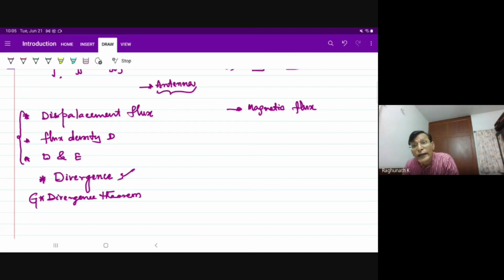In any coordinate system, a regular closed surface consists of 6 surfaces in space. x equals x1, x equals x2, y equals y1, y equals y2, z equals z1, z equals z2 is the closed surface. Rho 1, rho 2, phi 1, phi 2, z1, z2 in cylindrical coordinates. R1, R2, theta 1, theta 2, phi 1, phi 2 in spherical coordinates.